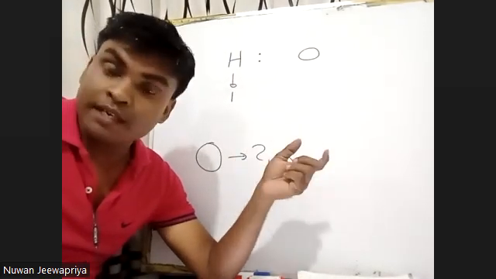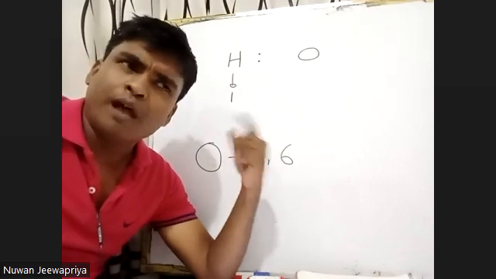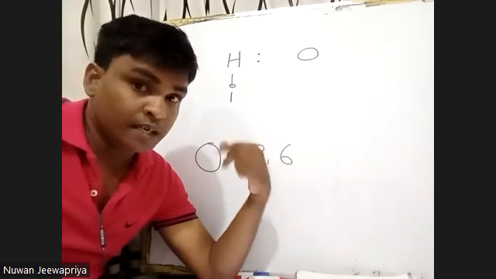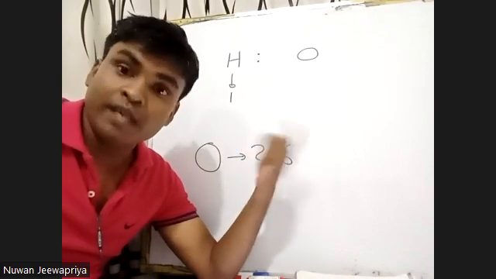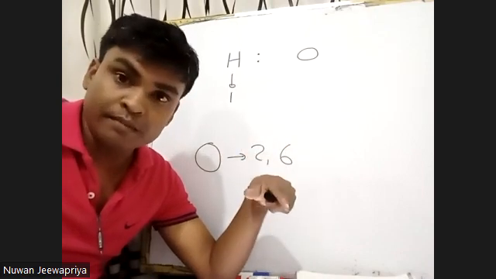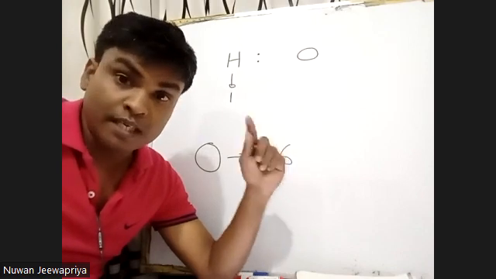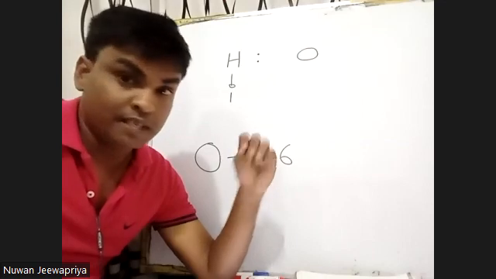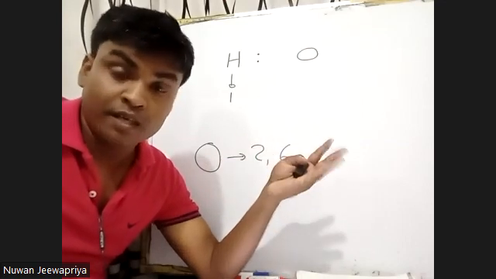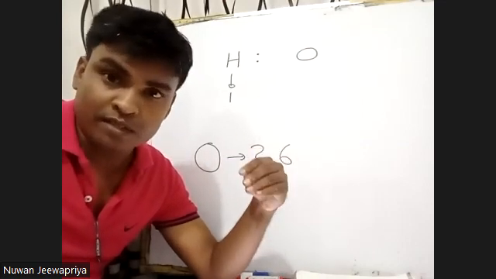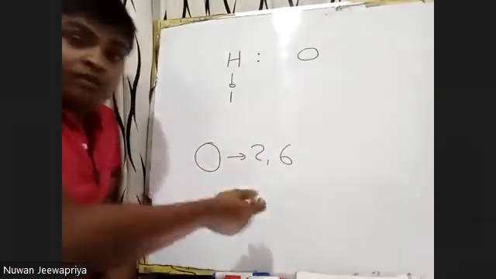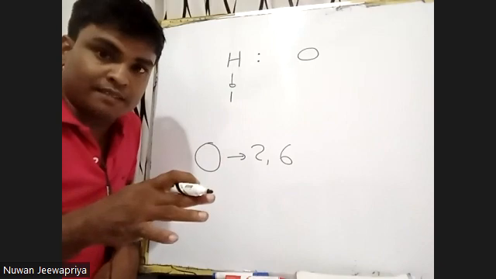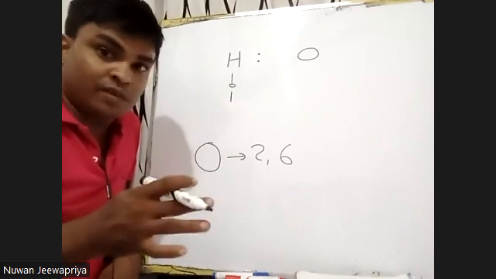We consider how many more are needed to reach 8, because these atoms get satisfied if they have 8 outer electrons. They always have a trend to have 8 outer electrons or 0 in the outer shell. That's for the stable cases.